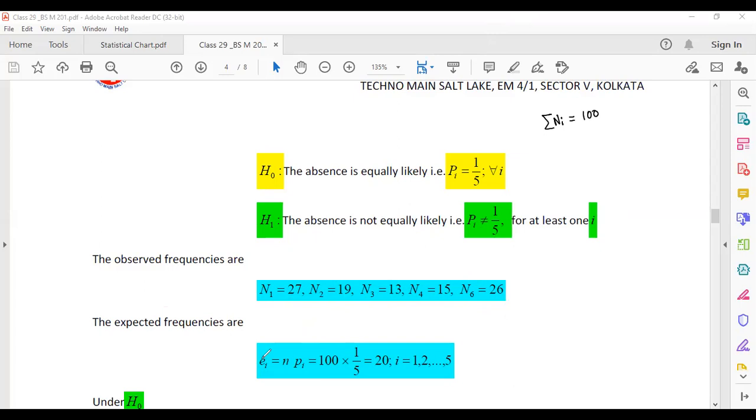But also you observe that when we calculate the expected frequency, for each of the 5 days it is 20. So the summation of the expected frequencies is also 100, because 5 into 20 is 100. This is a very important condition in the chi-square statistic, and you have to keep in mind that the sum of the observed frequencies must be equal to the sum of the expected frequencies.